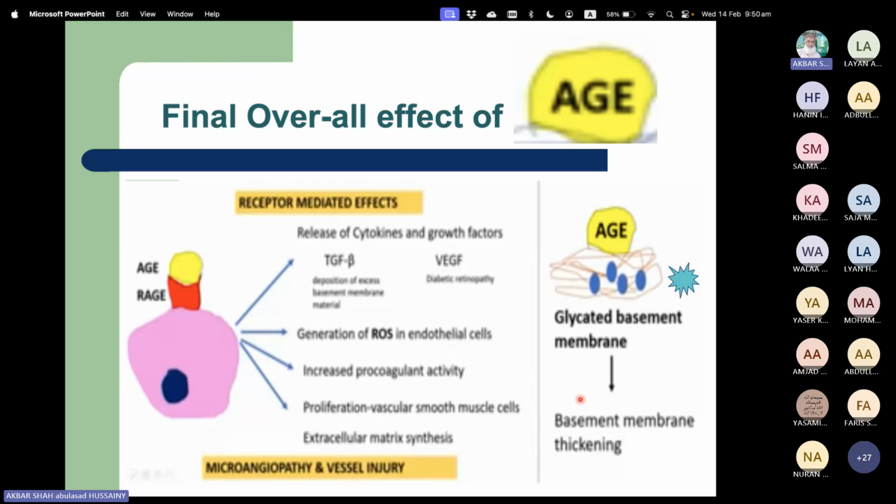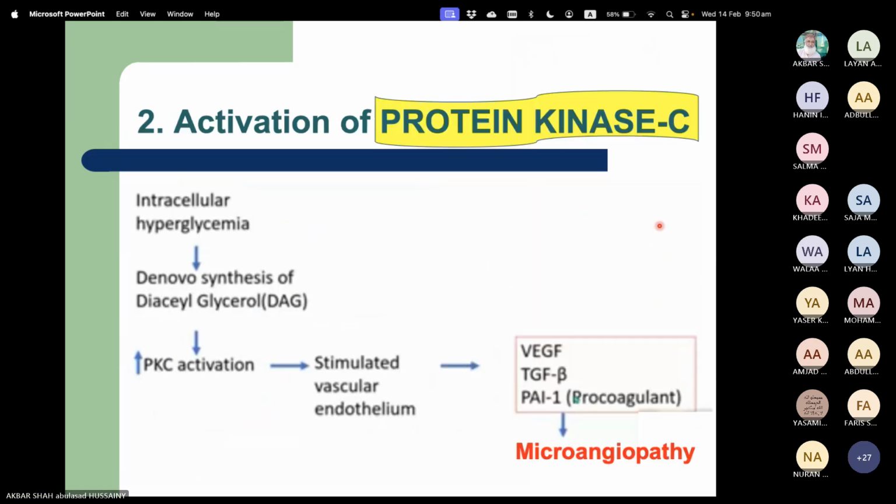One of the causes of this thickening of the basement membrane is the deposition of albumin in the type 4 collagen. This is also a question. You can see the star I made today. The second pathway of damage is activation of protein kinase C.